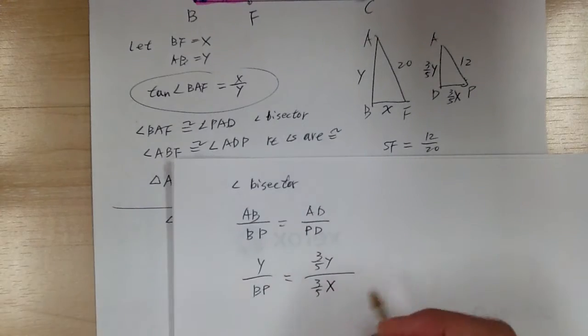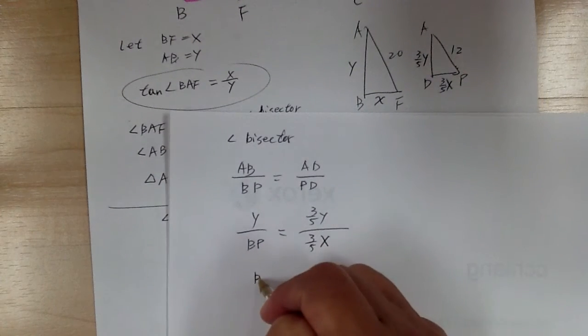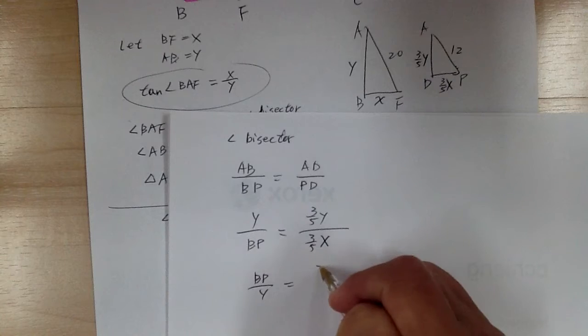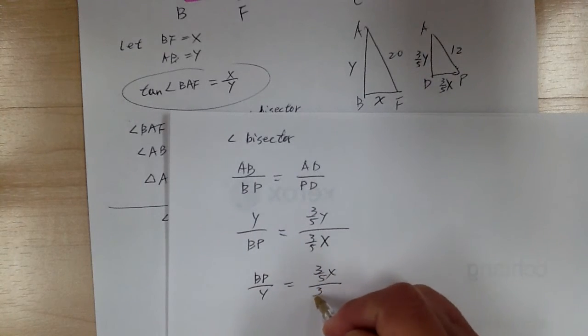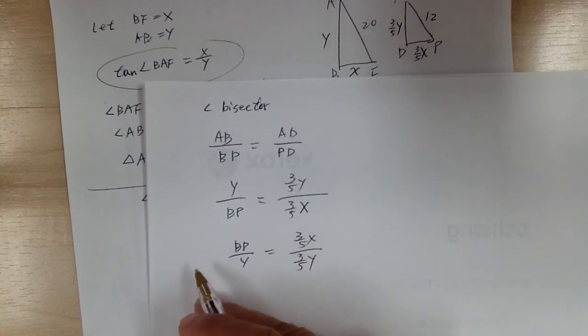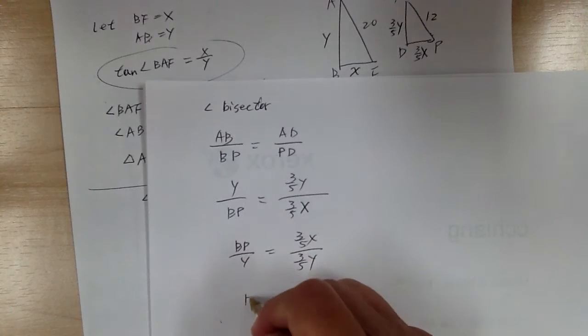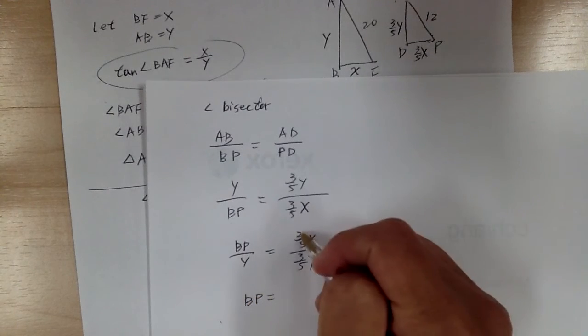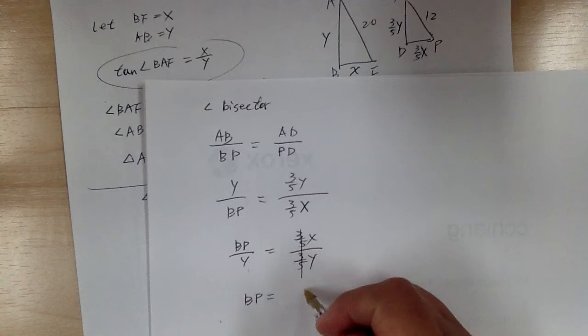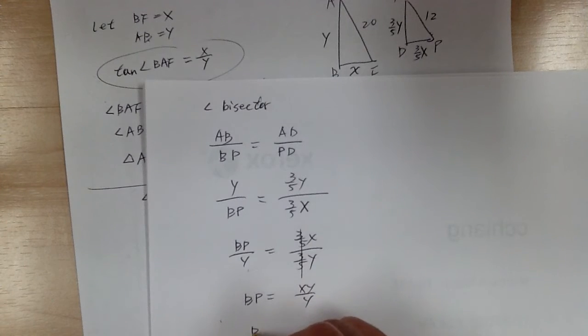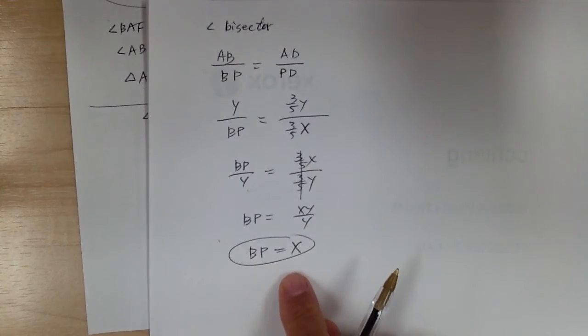Okay, so flip it over and move the y over. Well, we can cancel this out and then cross multiply, xy over y. So BP equal to x. So that's another important piece of information.